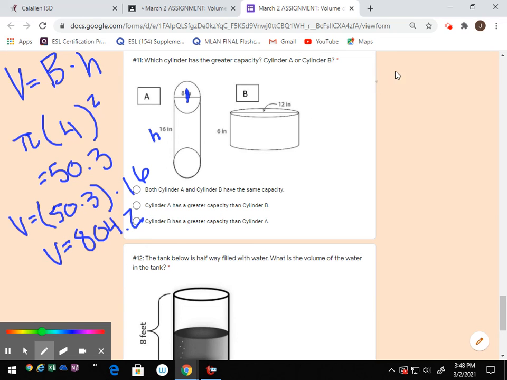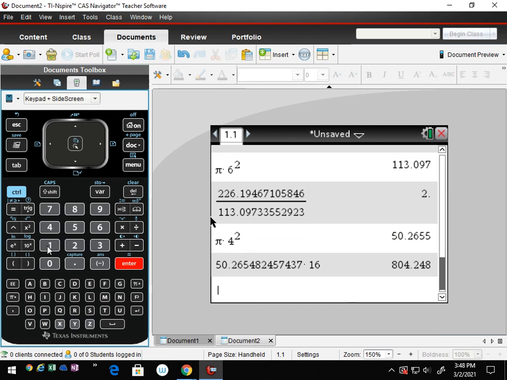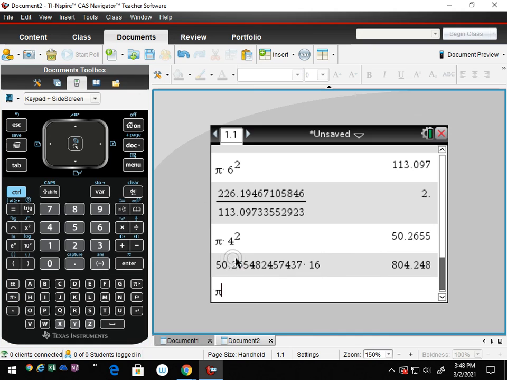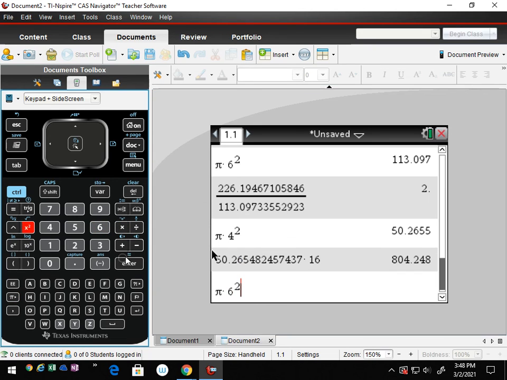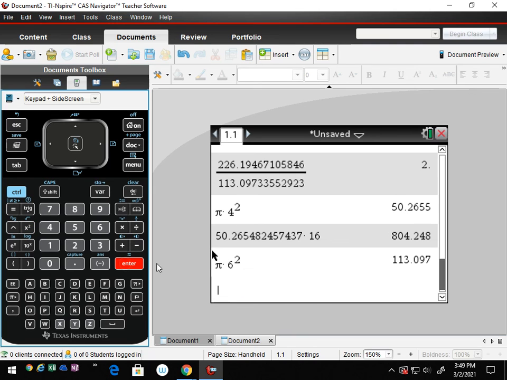Now let's do cylinder B. Let's find our big B real quick. Pi times our radius. Our diameter for this one is 12, so half of this, 6, is our radius. So pi times 6 squared is equal to 113.1.